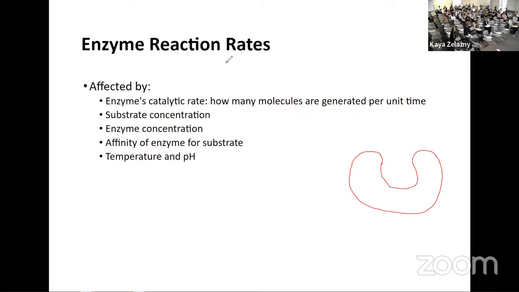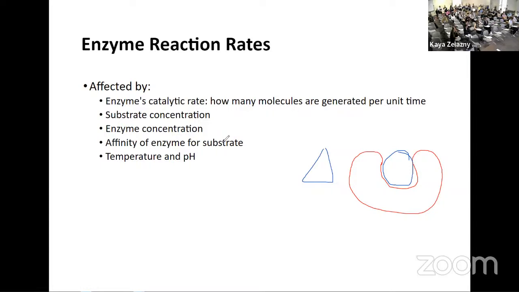So it might be the case that both our circle shape and our triangle shape are possible to fit into that active site, but the enzyme prefers to have a circle in there. So it's going to pick that circle over the triangle whenever it can. We would phrase that as saying it has a higher affinity for that circle substrate than for the triangle one.